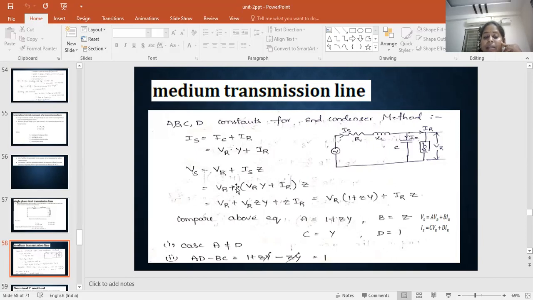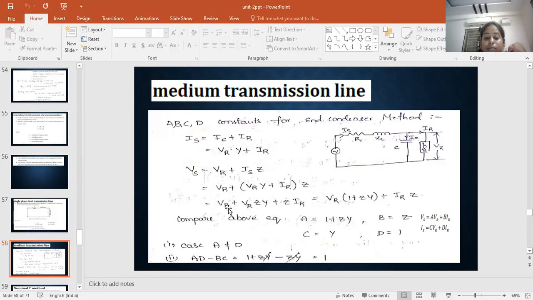In place of Is, we substitute the value Vr into Y plus Ir, multiplied by Z. So Vr plus Vr into Z into Y plus Z into Ir.